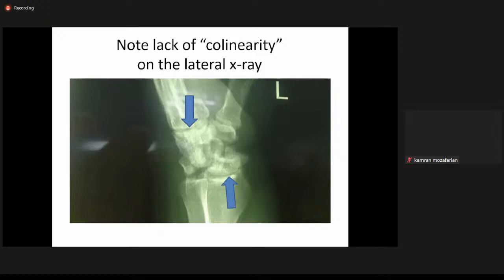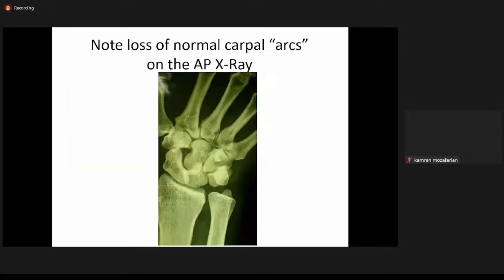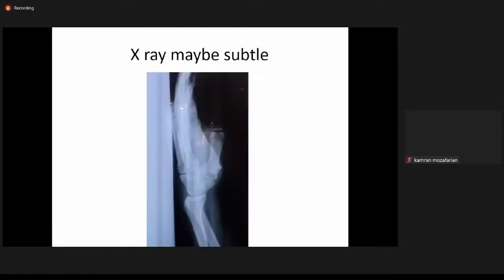As you can see in this X-ray, the carpus is displaced dorsally, and collinearity between the distal radius, lunate and carpal bones is lost. In the AP X-ray, you can see disruption of the Gilula lines.